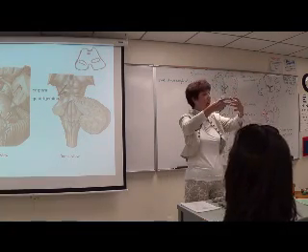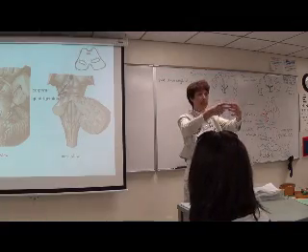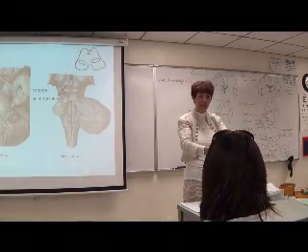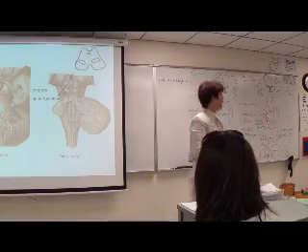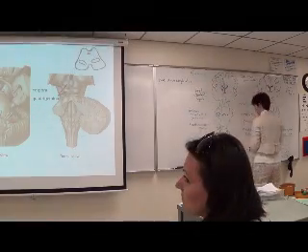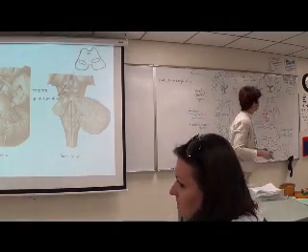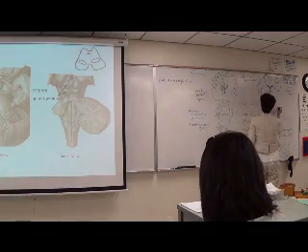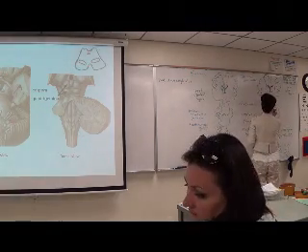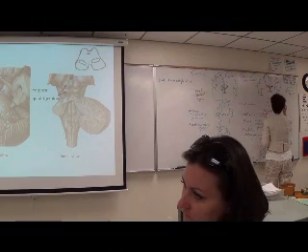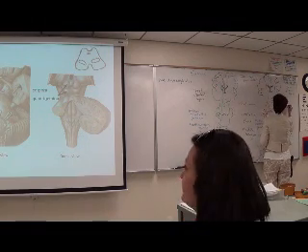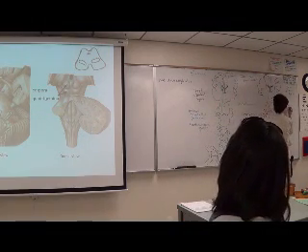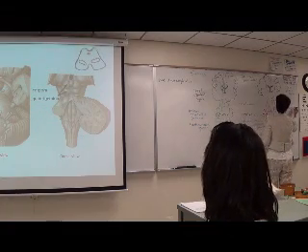Some of them will stop in the basal pons. The rest will pass through to form the medullary pyramids. Same neurons. So this structure right here are the cerebral peduncles.